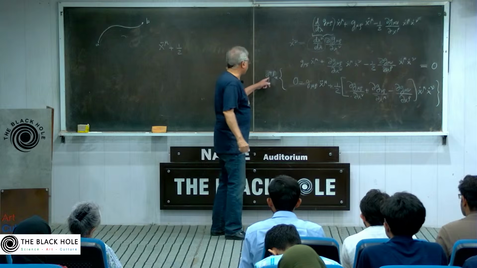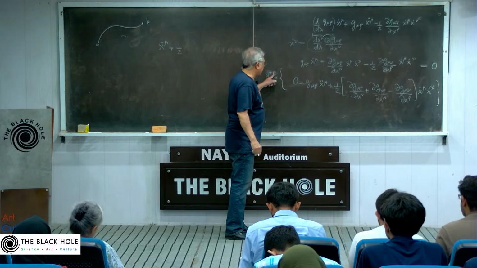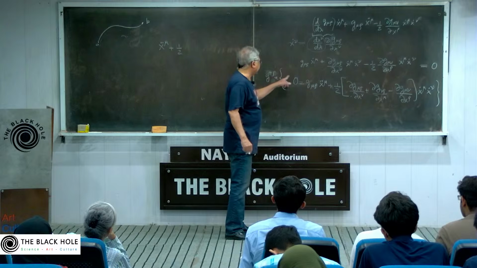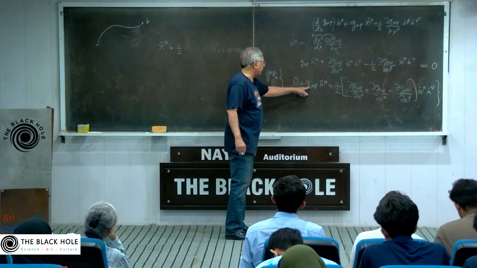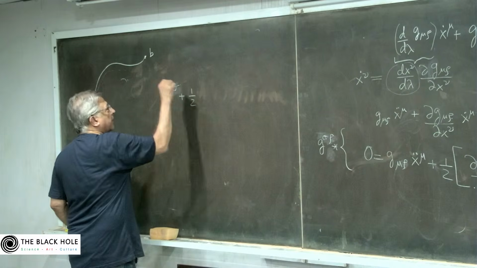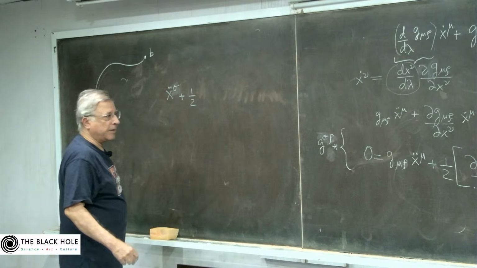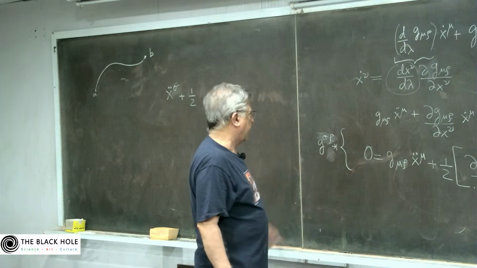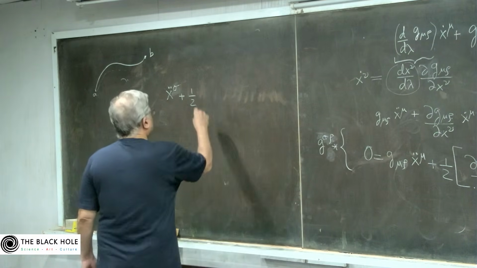Acha. You see what has happened over here? Rho and rho, this gives you delta sigma mu. So then this becomes sigma. And then let's see what happens over here. Plus half.